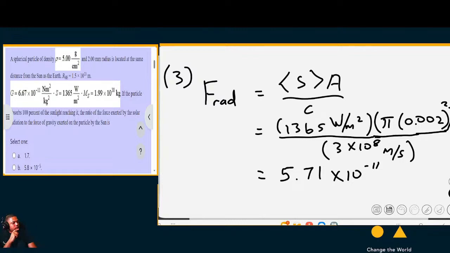Now let's calculate the force of gravity. Now I'm going to write this down. The force of radiation, 5.71 times 10 to the negative 11. And I did this individually.